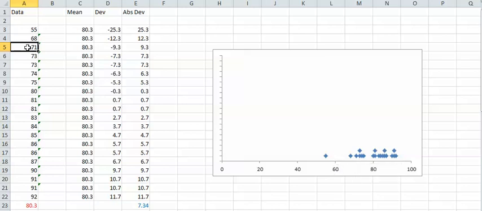Well, you can probably guess that when this value drops to 61, this absolute deviation of 9.3 is going to get bigger, because this is just the distance from the value to the mean. And if the value moves further away from the mean, the distance goes up. So now, let's change it to 61.